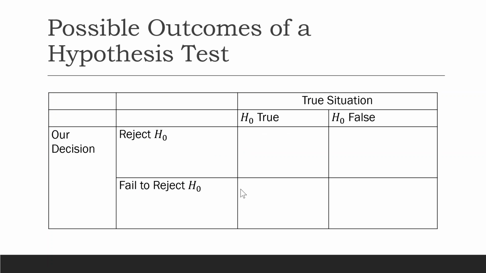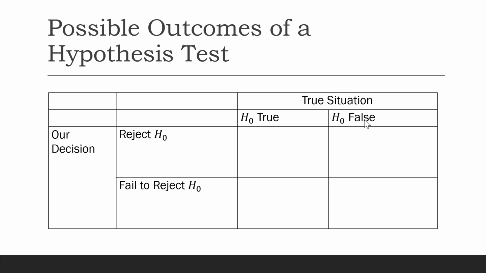Before we get to statistical power, let's summarize this in the possible outcomes table for our hypothesis test, right? So in the columns here, I have the truth. Now, in the same way that we would never know the value of our population parameter, usually, we don't know whether H naught is true in reality or H naught is false in reality, right?